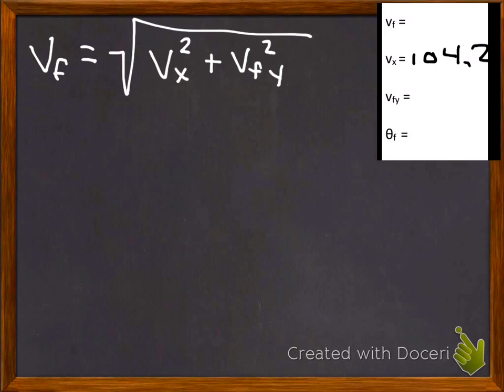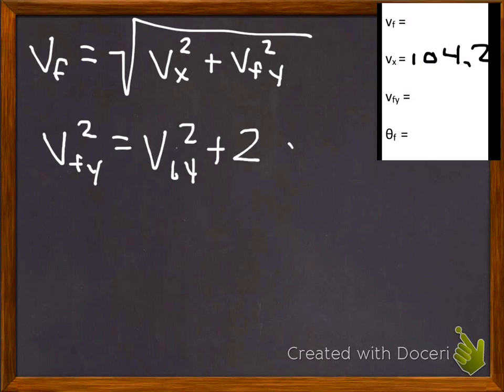So to get the final vertical component of the velocity, we have to bring out one of our equations. The only one that we have the right pieces for at the present time is VFY squared equals VIY squared plus 2g delta y. Remember, g is just the vertical acceleration, and that's coming from gravity.